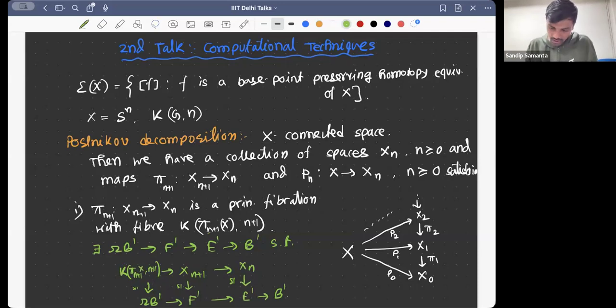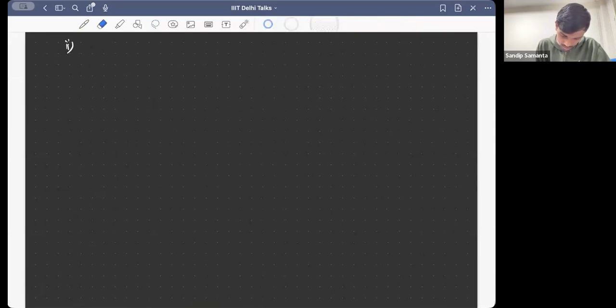So this is the first criterion. The second one that I need to have: from these one can also see the homotopy groups of the X_n spaces that we initially took.